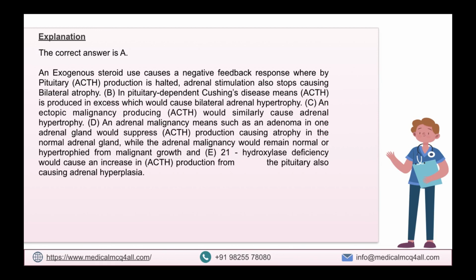In option D, an adrenal malignancy such as an adenoma in one adrenal gland would suppress ACTH production, causing atrophy in the normal adrenal gland, while the adrenal malignancy would remain normal or hypertrophied from malignant growth. In E, 21-hydroxylase deficiency would cause an increase in ACTH production from the pituitary, also causing adrenal hyperplasia.